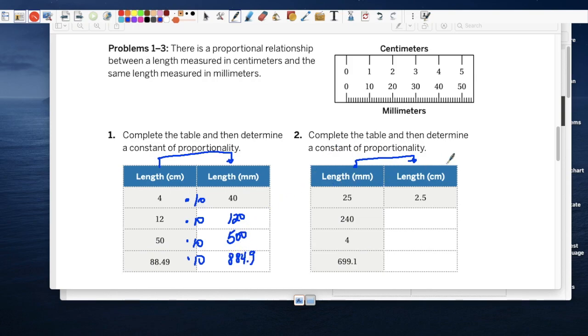What if we switch them around? Now we're going from millimeters to centimeters, so we're going this way. I wish they had written the table. Oh, they did. So think about this. To go from 4 to 40 is times 10.